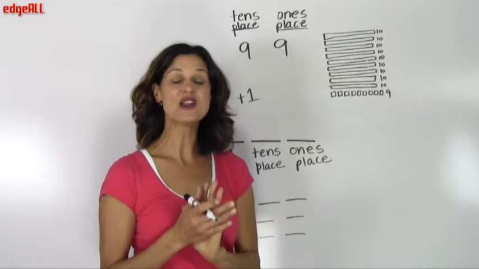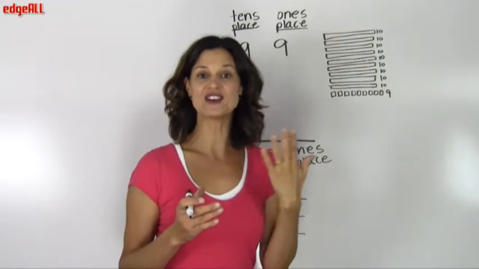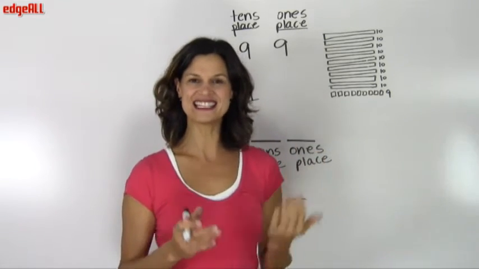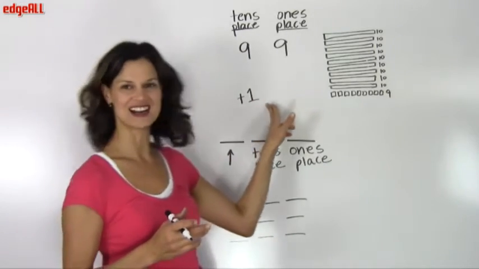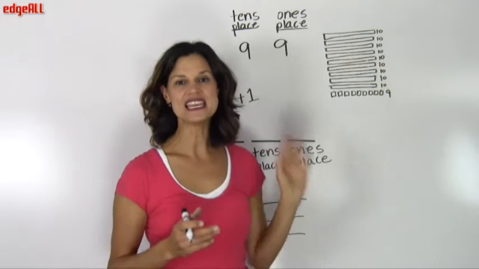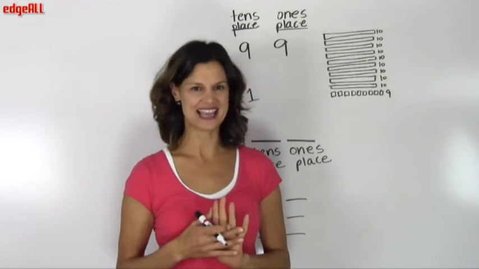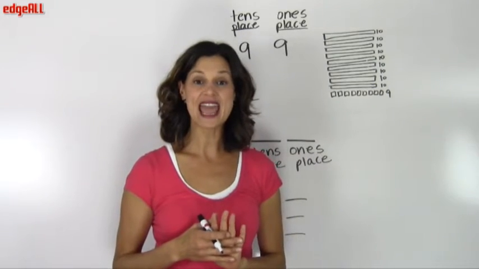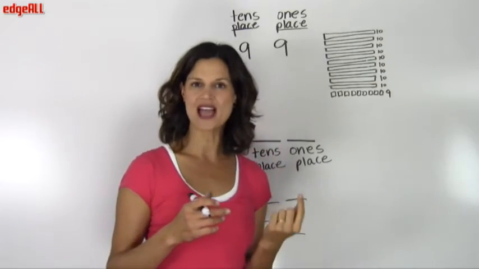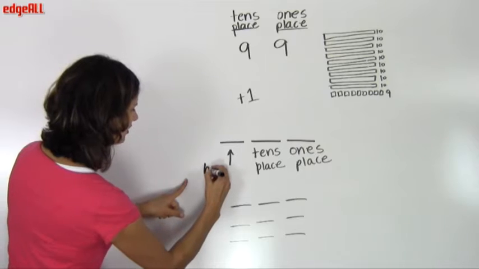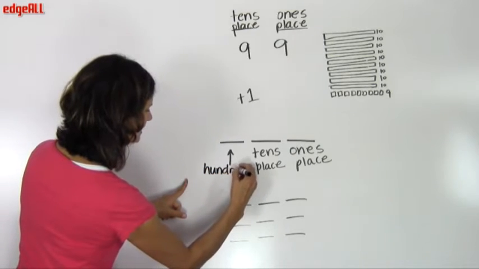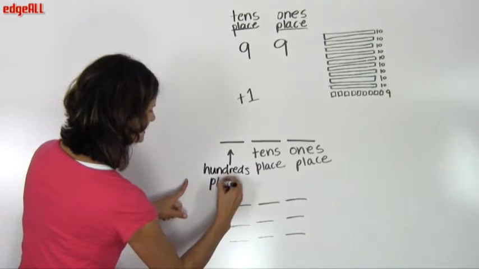But now we no longer have any higher digits to count in the tens place. So when we add one more to 99, we need to add another place value. And we say that we now have one group of 100. So we add what's called the hundreds place.